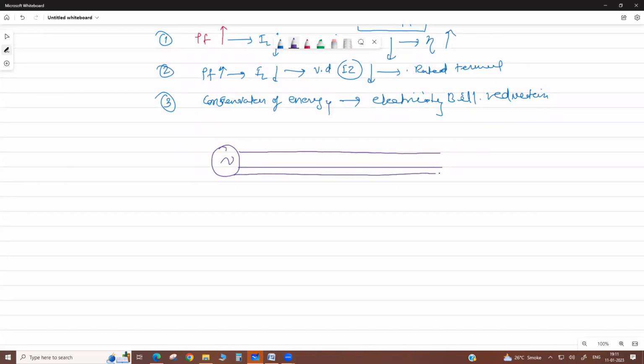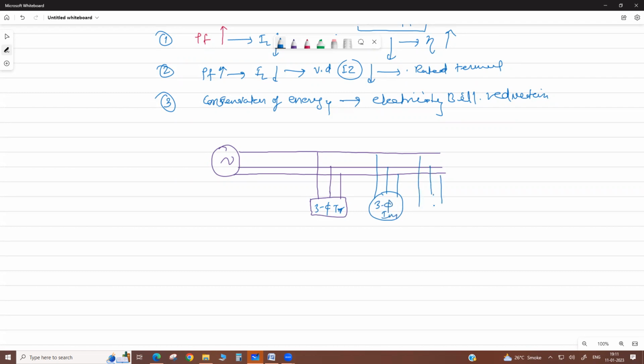But your loads are generally 3-phase transformers, 3-phase induction motors, and some lighting loads.